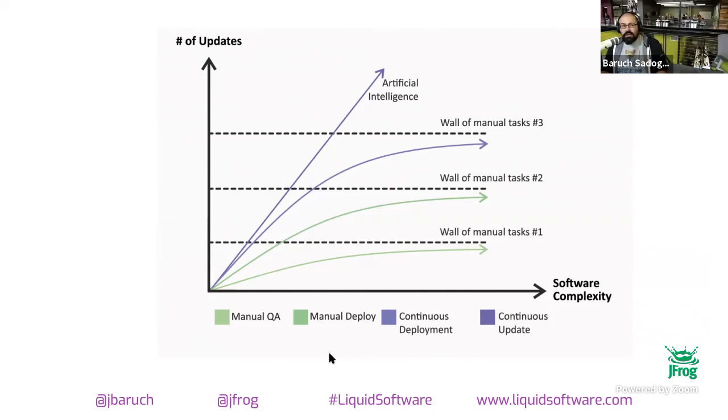And those manual tasks become more and more complicated and more error prone with the rise of software complexity. The way to break through those walls is by trusting the machines more. Today, with artificial intelligence and with our research into how computers can help us more, this is actually possible.